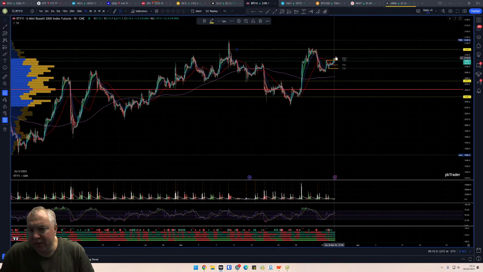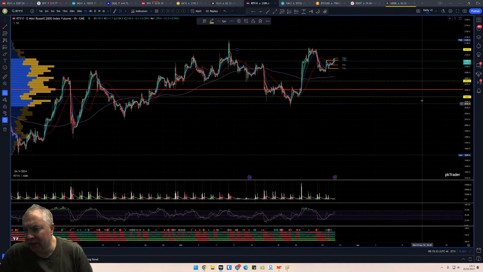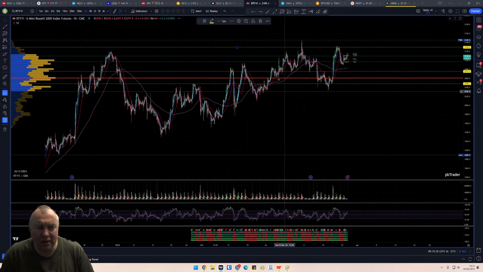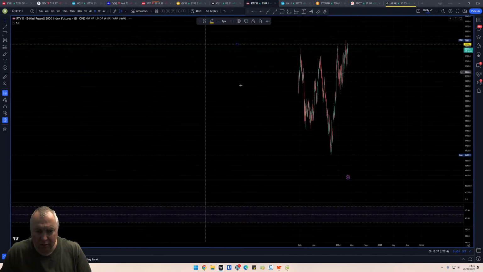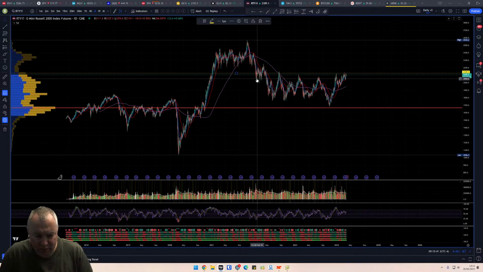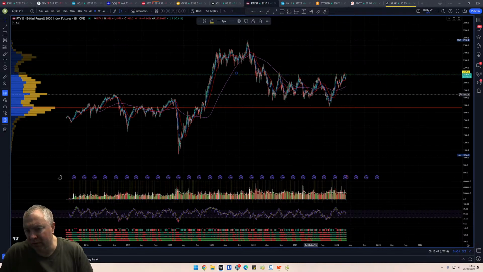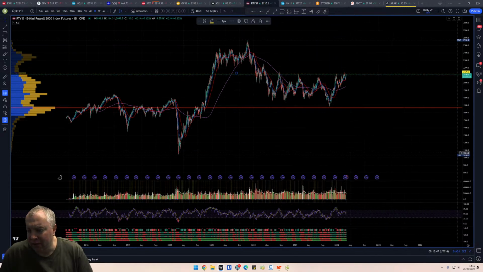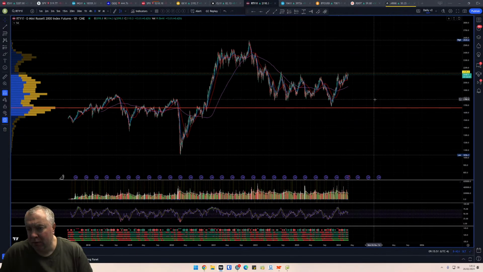So if we get above this area, we can look for the break and actually breaking out of that massive long. How long have we been in that area now? Since the start of 2022, 2021. So we've kind of been trading within this area, and it looks like it wants to put in a swing up. It hasn't come all the way back down.